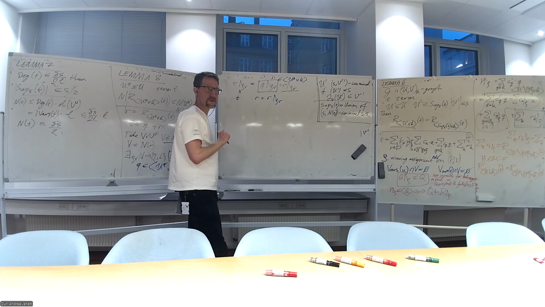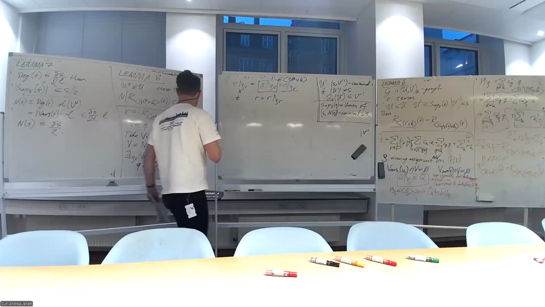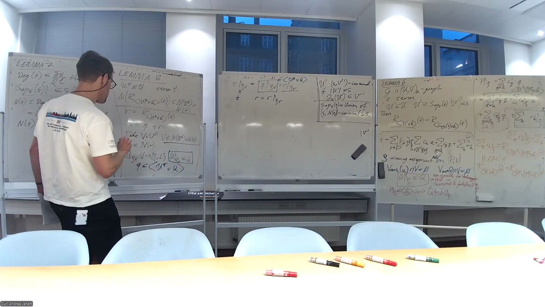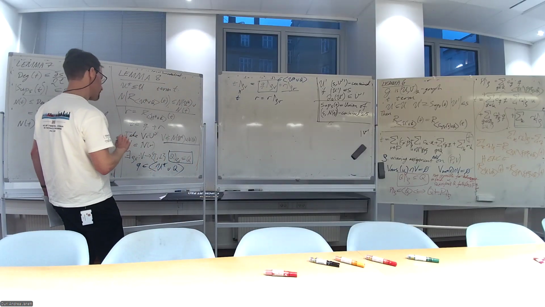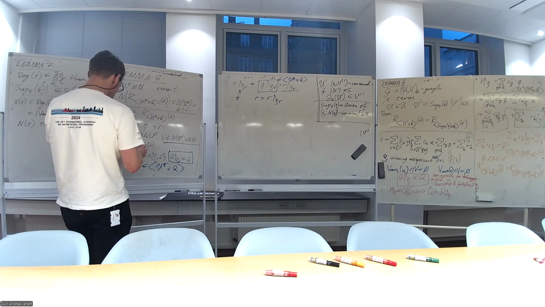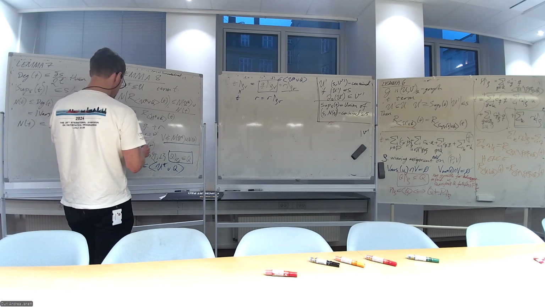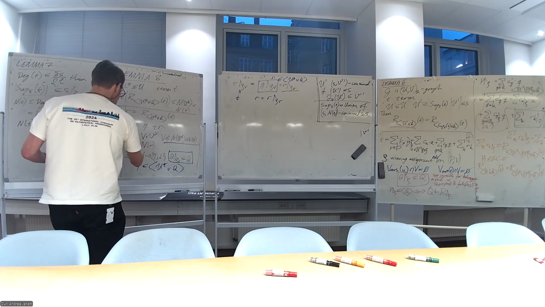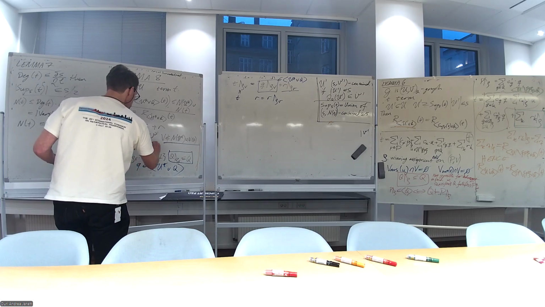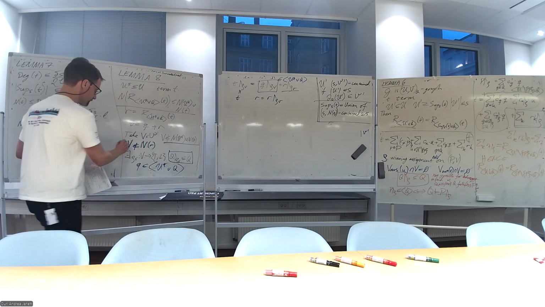But they're the same. So this proves that V indeed is not in the neighborhood of R.